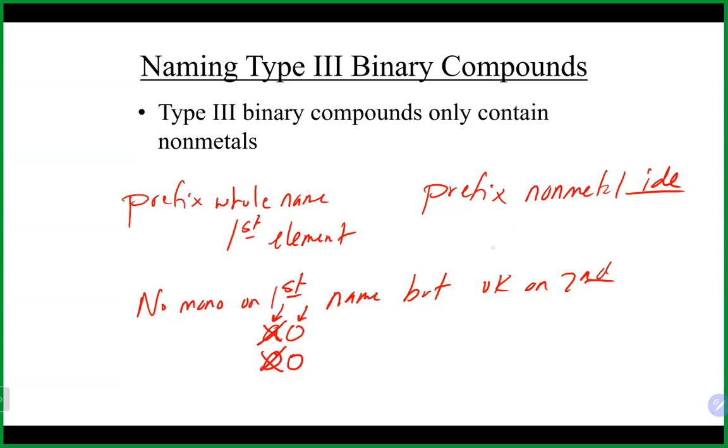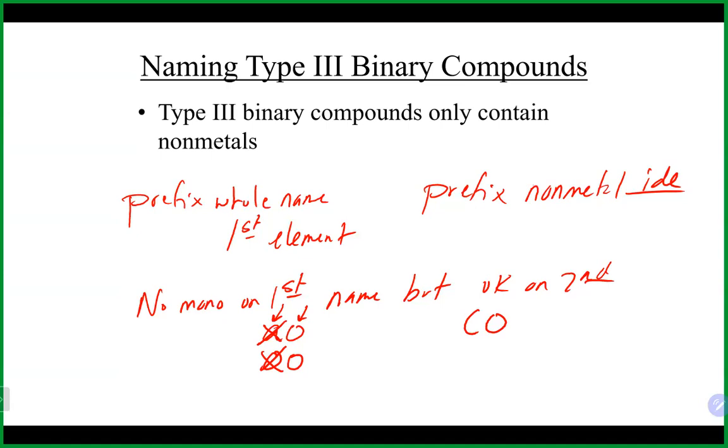If we take a look at CO, that is carbon, which is a nonmetal, and that is oxygen, which is a nonmetal. So right away, that should tell you this is a type 3 compound, and we should be using prefixes. Again, we don't have to worry about charges because they're sharing electrons, so we just basically need to count what's there.